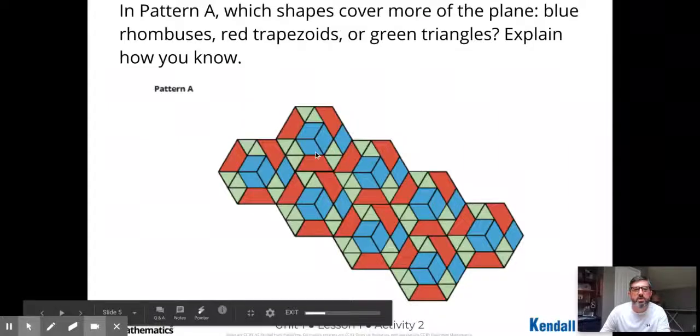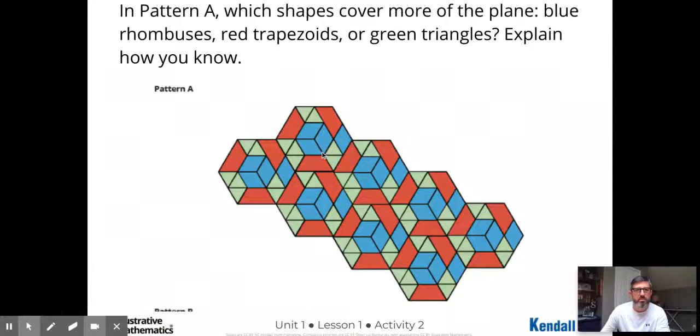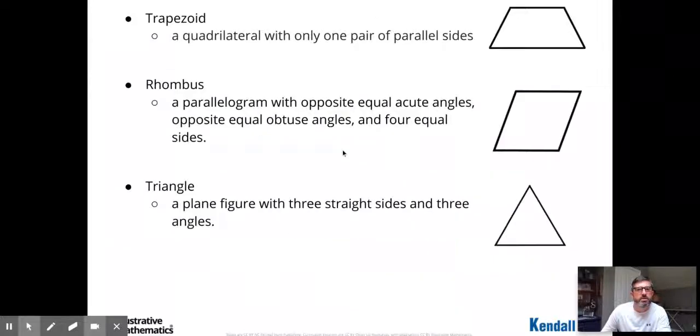All right, now we're going to look at the different shapes in here. We're going to look at the trapezoids, the rhombuses, and the triangles. Do you know what a trapezoid is, Linus? It's this shape right here.